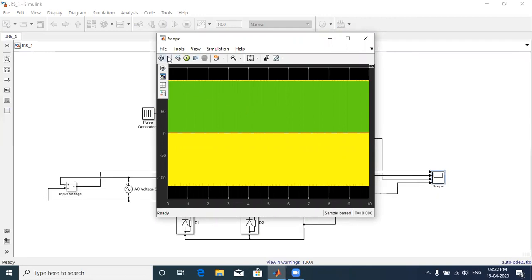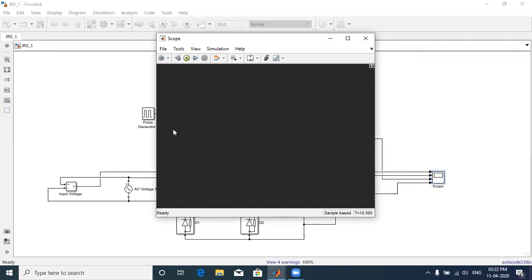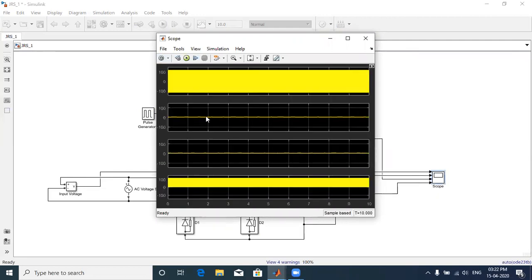For separating out, you have this option, go into this layout and select four, as we are having four inputs to our scope. So you can now see you are having the four different inputs of scope displayed separately. Whatever the labeling we have given, you can show them over here to make the waveforms more readable.